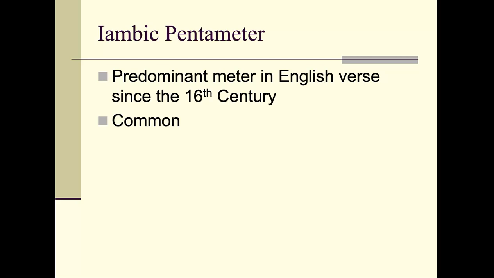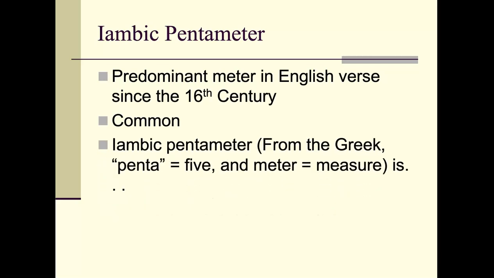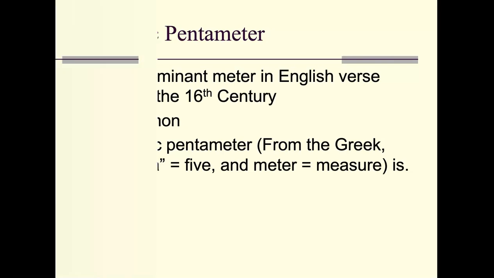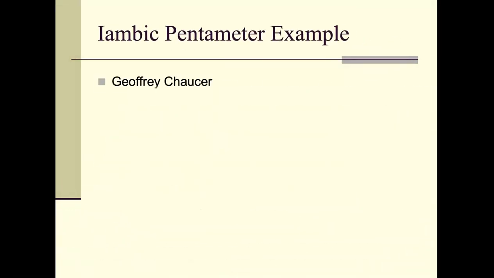Many of Shakespeare's works are in iambic pentameter, and it's a line of verse containing those 5 metrical feet. That's the pentameter part, and each foot has 2 syllables with the accent on the second syllable, the unaccented, accented syllables, which is the iambic part, and that's what I've been talking about in the previous slides.